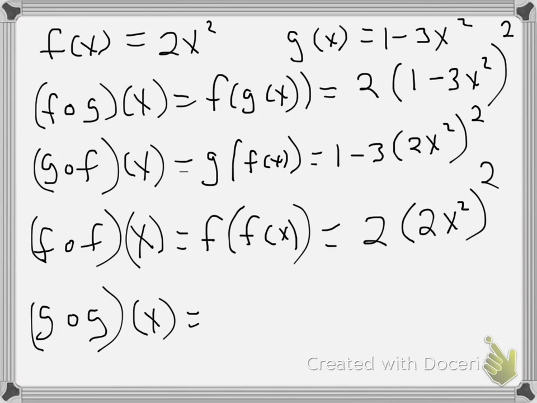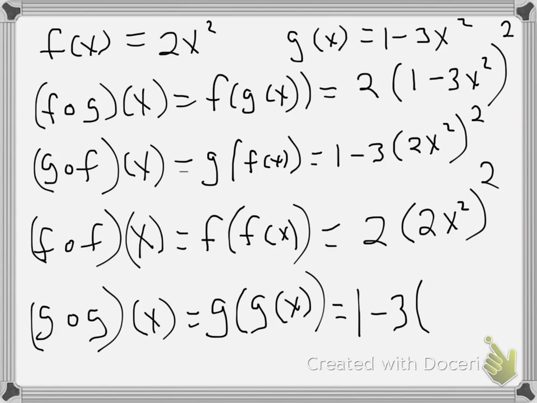Now g of g of x is the same thing but with g, and we're putting g of x into it. So that becomes 1 minus 3, but now instead of x squared it becomes 1 minus 3x squared, and all of that squared. Okay? Not too bad.